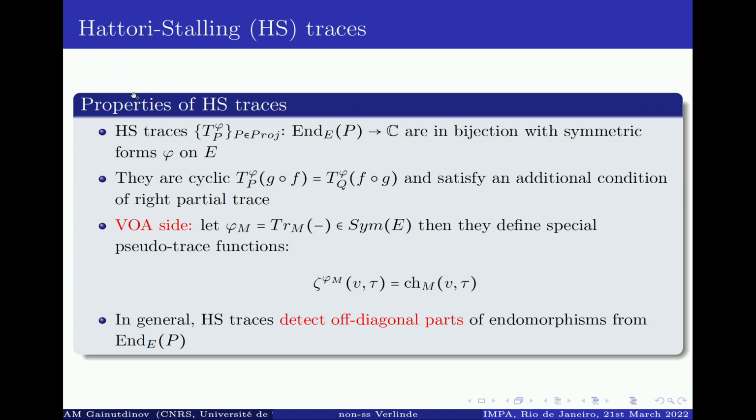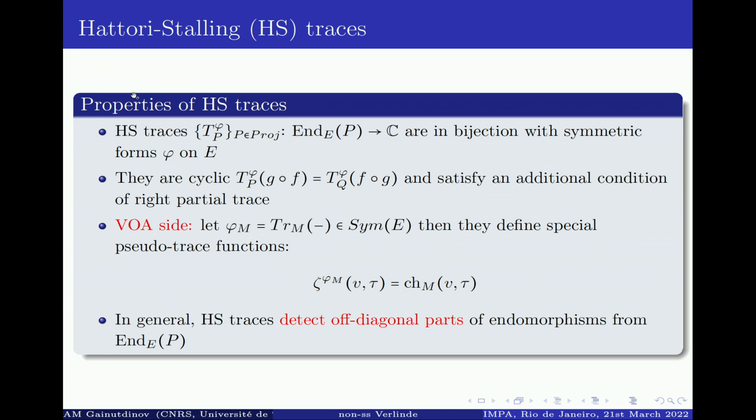And on the VOA side, I have, of course, the most obvious symmetric forms, which are just trace functions over my representation of the VOA M, right? So they are symmetric forms on the algebra E. And they define special pseudo-trace functions, which are just normal characters.